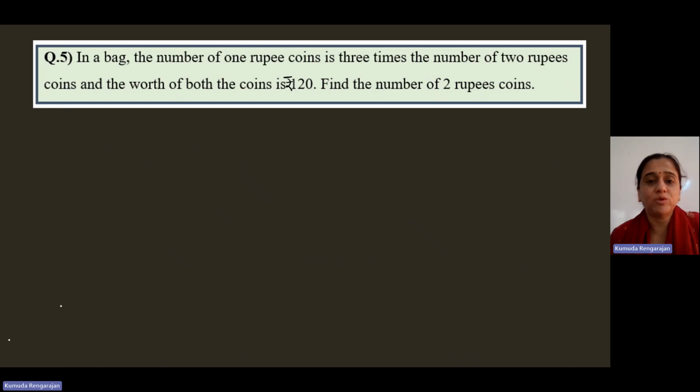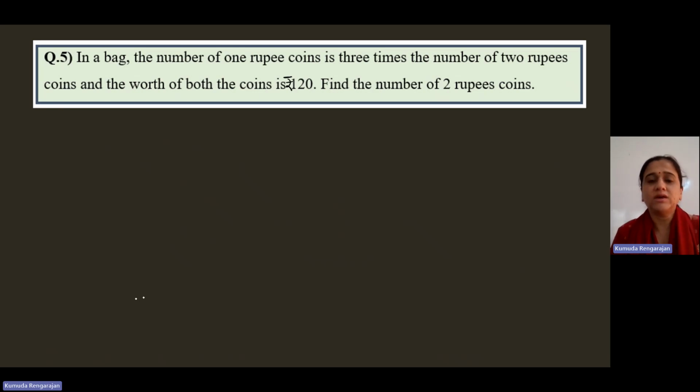In a bag, the number of 1 rupee coins is 3 times the number of 2 rupee coins, and the worth of both the coins is 120 rupees. When you count the value of money, it's 120 rupees. Find the number of 2 rupee coins. So what's the situation? You have a bag with some 1 rupee coins and 2 rupee coins.